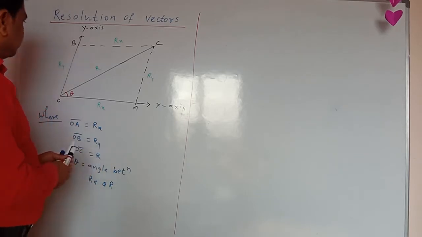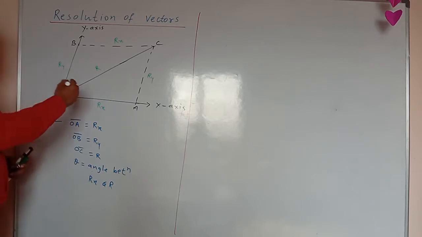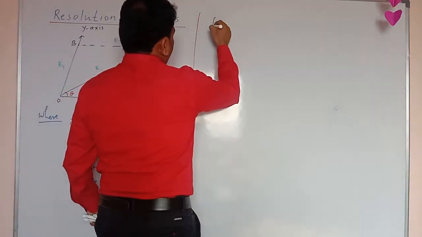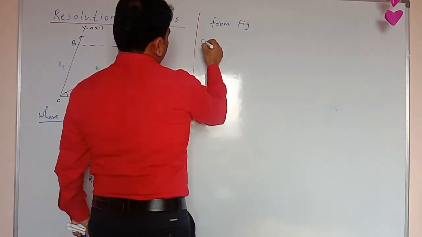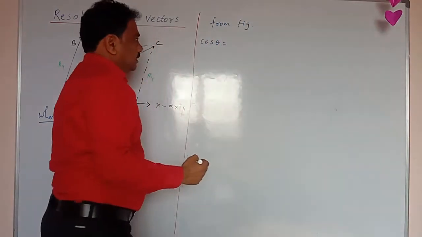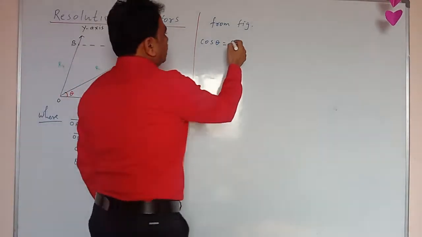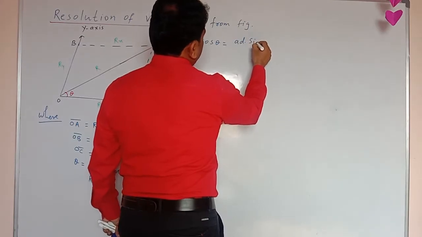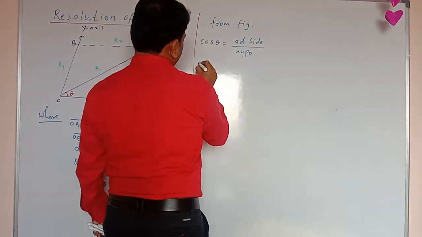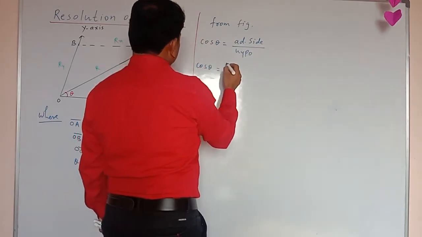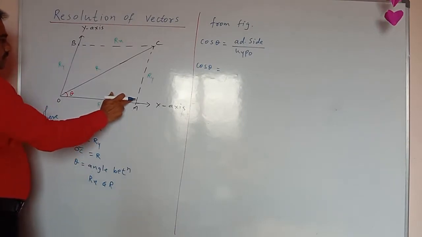So in this case, we have to find first of all cos theta. So from figure, cos theta is equal to adjacent side upon hypotenuse. So cos theta is equal to adjacent side, that is OA means Rx, and hypotenuse means what?